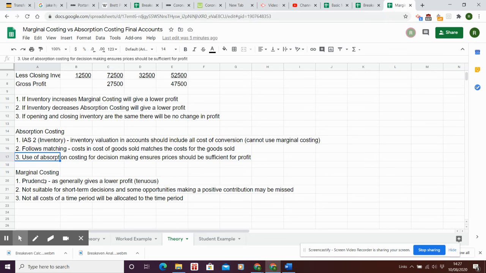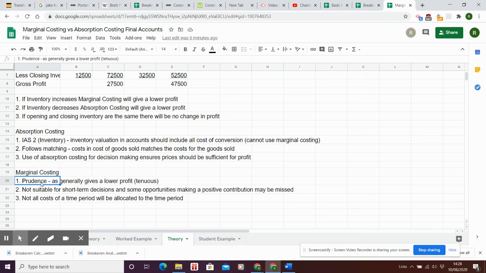The advantages with using marginal costing, the first one that's commonly used is the fact that it follows prudence, because in general it gives a lower value on the closing inventory. I don't particularly like that answer because provided we're going to sell the goods for more than we're valuing them at in the inventory, then really there's no particular reason for following prudence.